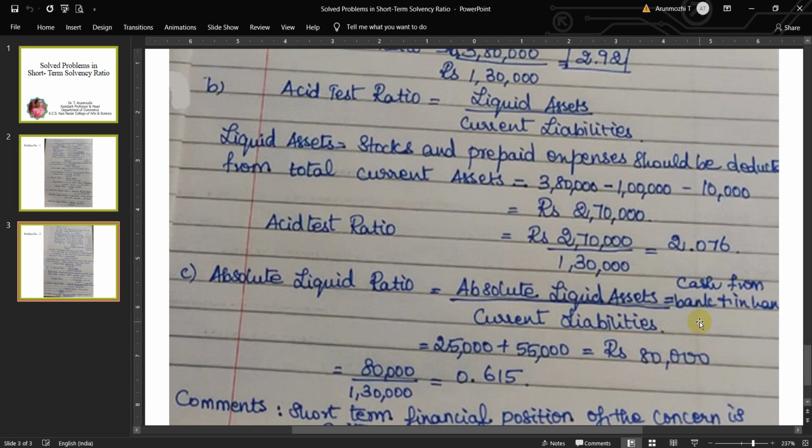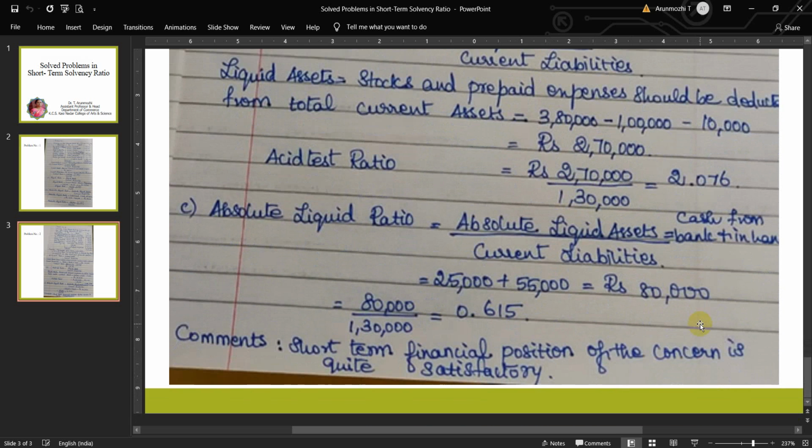For the acid test ratio, the standard ratio is 1. We have 2.076. For the absolute liquid ratio, it is 0.75 is to 1. So that also, 0.75, it is nearly there. So the short-term solvency ratio, current position is very satisfactory.